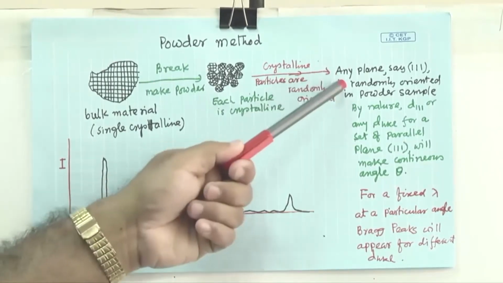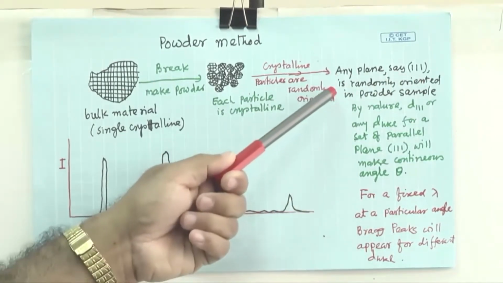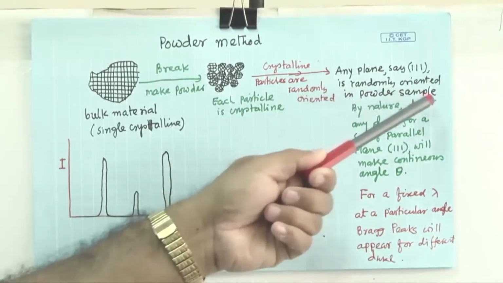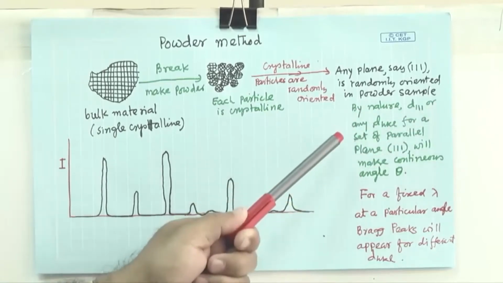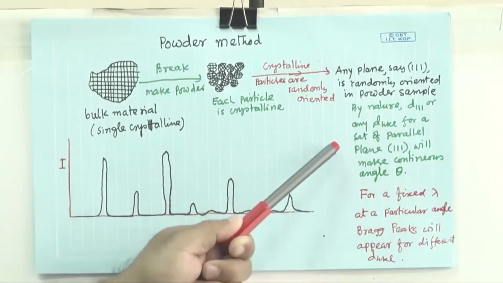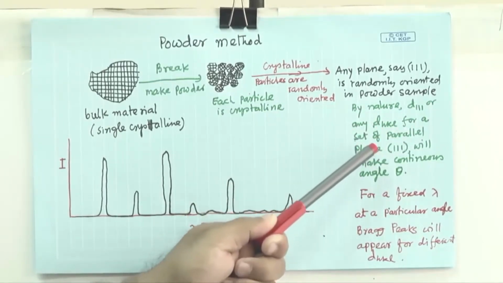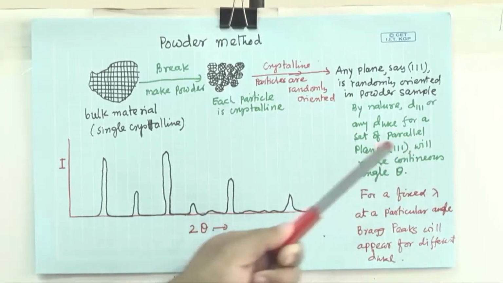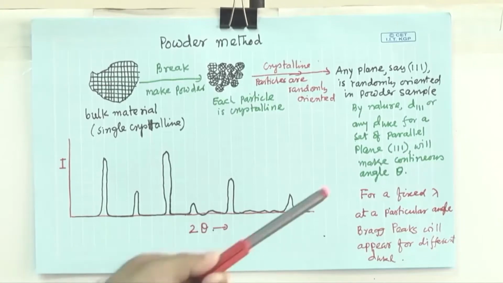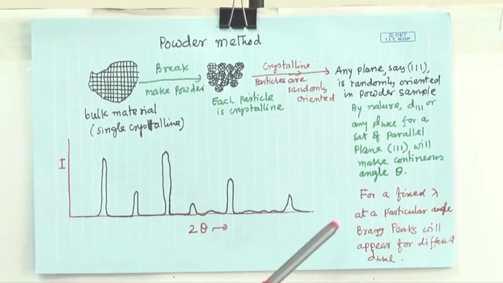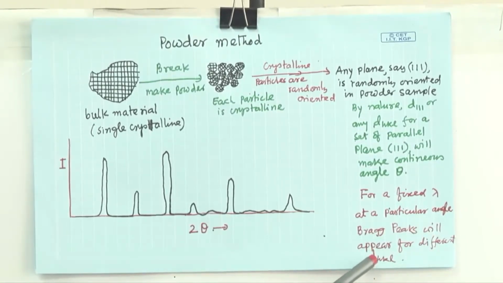So, as I explained, any plane, say 1 1 1, is randomly oriented in the powder sample. By nature d111, or any d_hkl, for a set of parallel planes 1 1 1 will make continuous angle theta. So, for a fixed lambda at a particular angle, a Bragg peak will appear for different d_hkl.